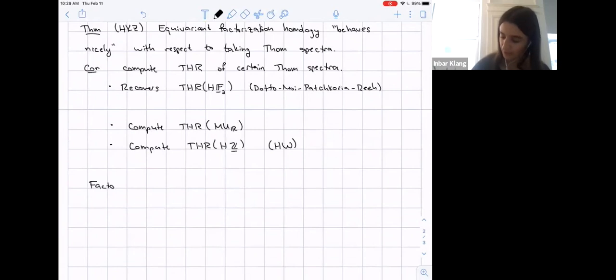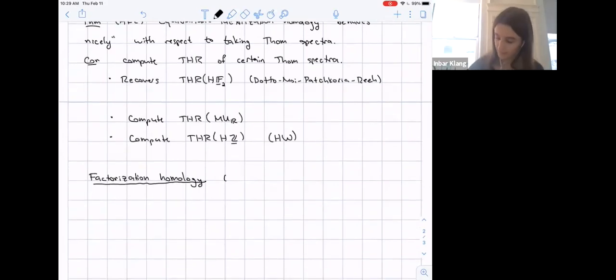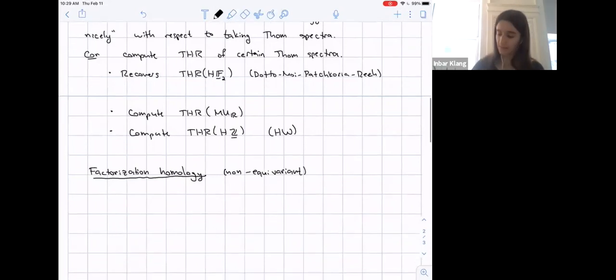So let's talk about factorization homology. And this is the non-equivariant kind. Okay, so this takes as input an N manifold M, and in some cases you will want it to be parallelizable, but I'm not always going to explicitly state all the assumptions in this kind of, I guess, more intuitive overview.